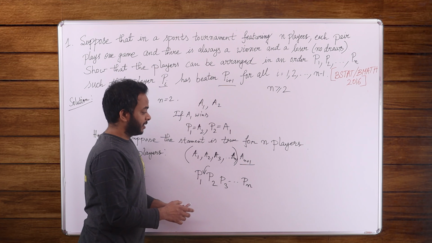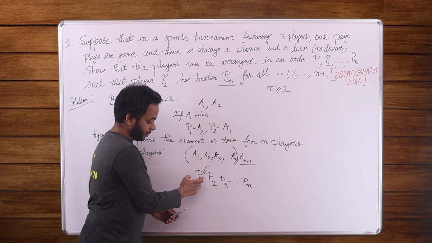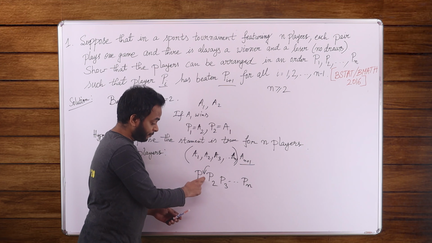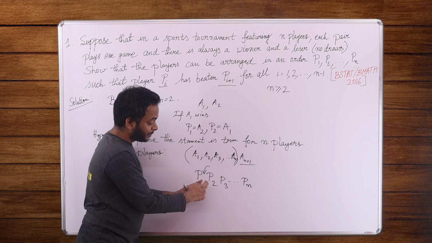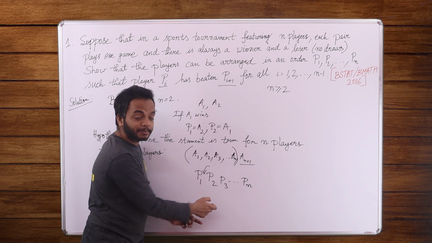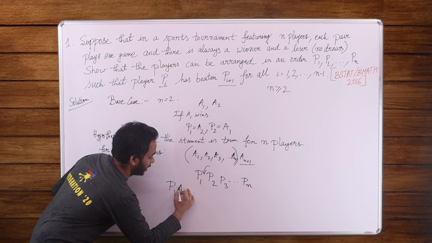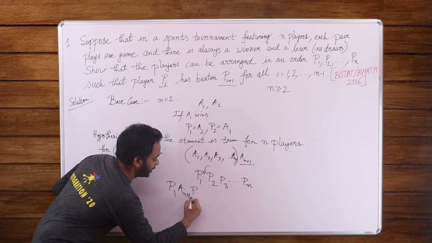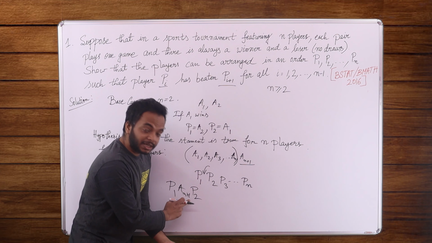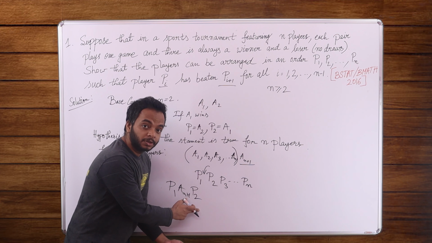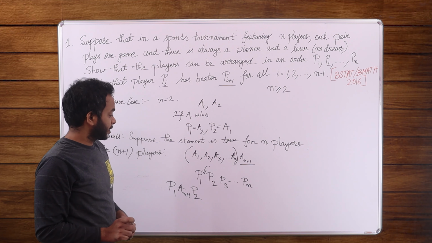Because you see, if I put n plus 1 here, if p1 has defeated n plus 1, then it might not be like n plus 1 has defeated p2 also. Because if I place p1, n plus 1, then p2, this has to mean that p1 has defeated n plus 1, n plus 1 has defeated p2. So these two conditions should meet.